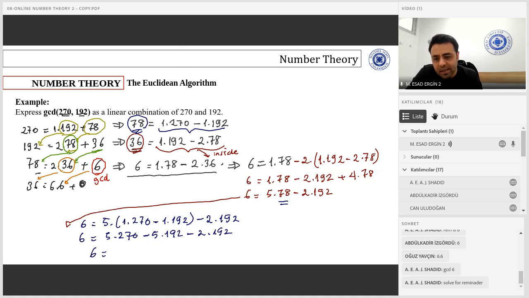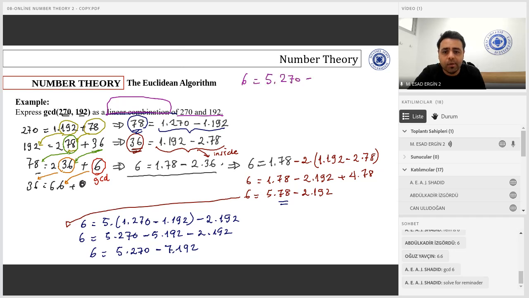So in the last step, 5 times 270 and minus 7 times 192. So in this case, we can say that the linear combination of 270 and 192 is 6 equals 5 times 270 and minus 7 times 192. In this case, this one is our y, and this is x equals minus 7 and y equals 5.